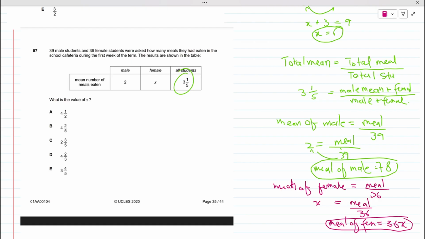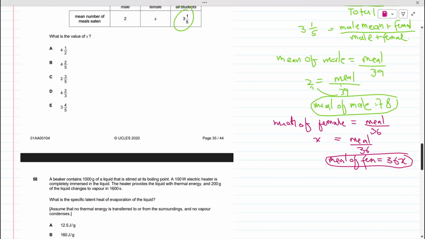Now we have got all the numbers. So we are just supposed to substitute the values, right? So 3 whole 1 by 5 can be written as 16 by 5, right? This I already explained. Since 5 into 3 is 15, 15 plus 1 is 16.